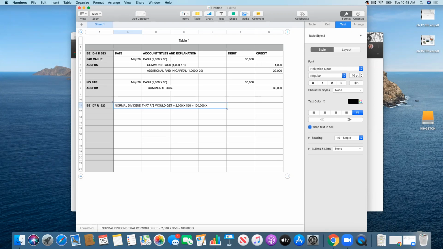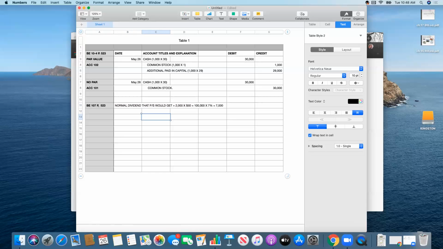The dividend is 7%, isn't it? So 100,000 times 7% is $7,000. So the normal dividend that the preferred stock would expect to get, assuming everything was okay, would be $7,000 in a year.